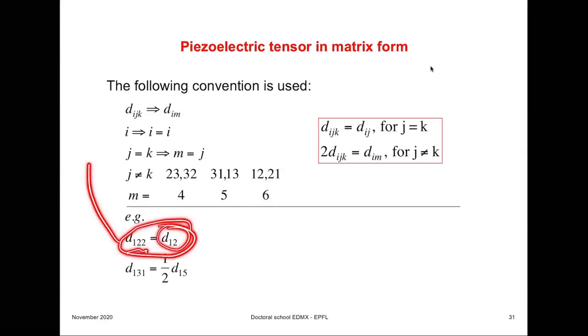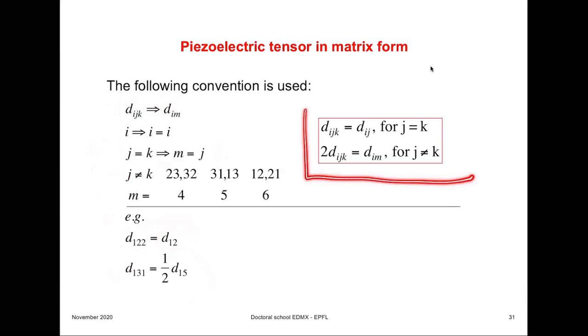So that's this case here. And d1,3,2 we write as 1/2 d1,5, which is this case too. This factor of 2 comes from what we just said before. So this is written here, summarized here.